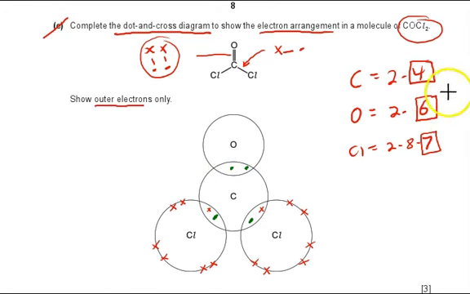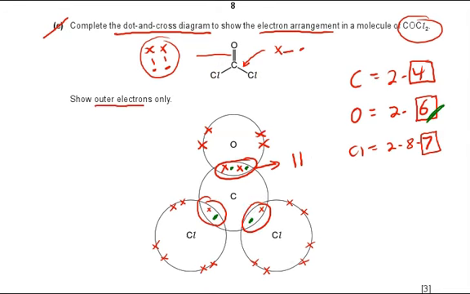For oxygen we need to draw 6: 1, 2, 3, 4, 5, 6. As you can see here, it represents the double bond, and here it shows a single bond.